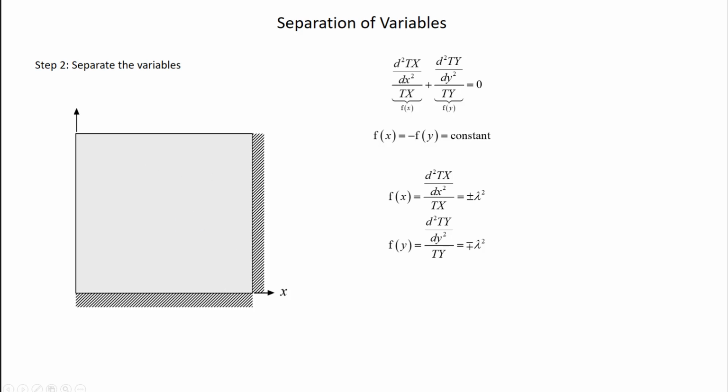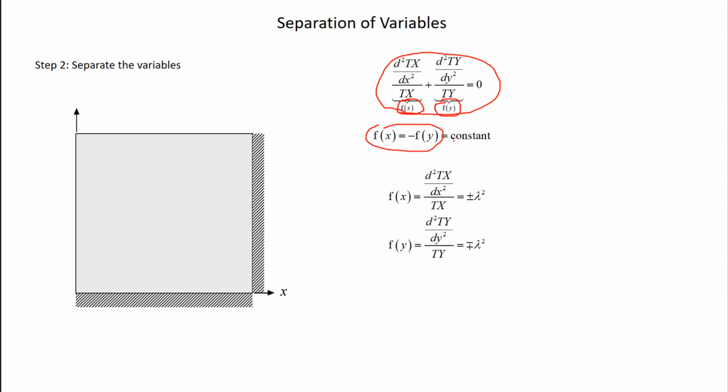So no matter what value of x and no matter what value of y I choose, I have to have this be true. You should be able to convince yourself that the only way that can possibly work is if both of these 2 functions are actually equal to constants, right? So it's pretty obvious that whatever I have here has to be equal to negative whatever I have here, right? That just means that when I add them up I get 0.